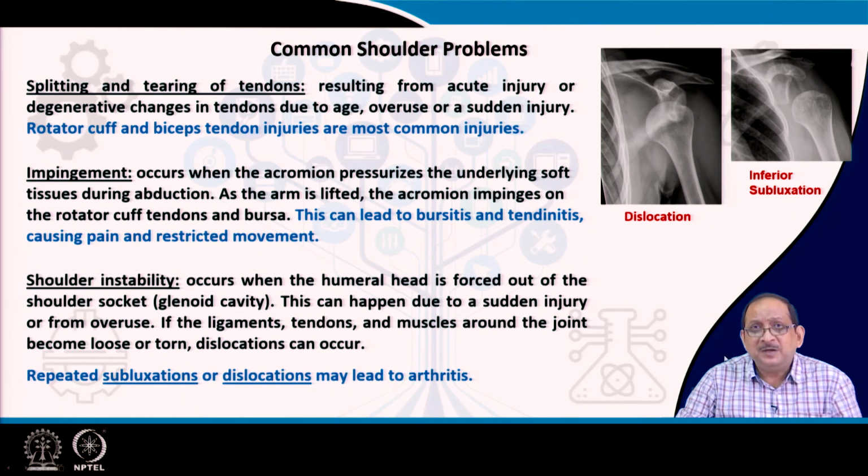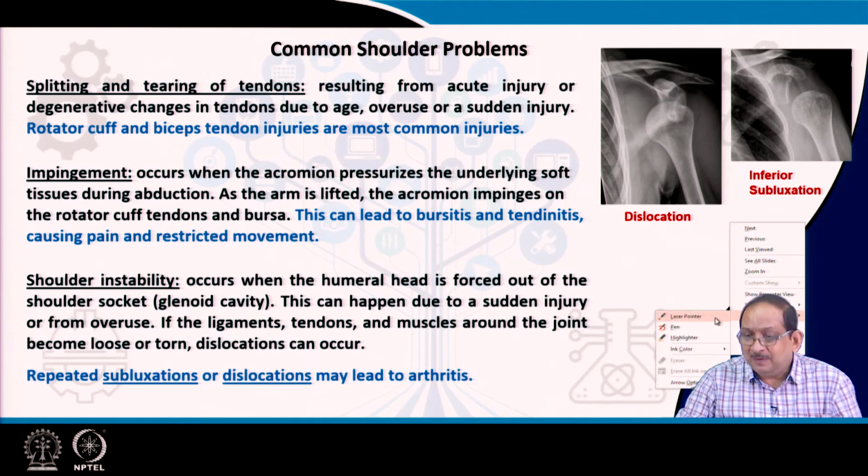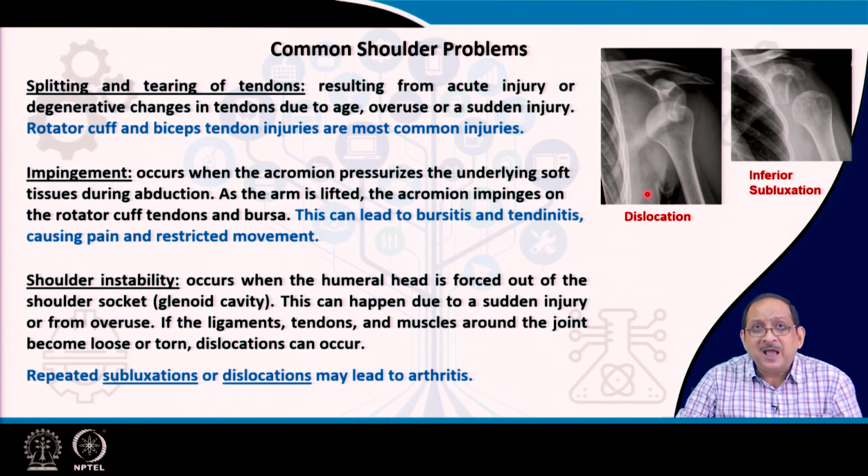Now, repeated subluxation and dislocation, as shown in these two figures. In the dislocation you can see very clearly that the humeral head has come out of the socket in the anterior posterior direction.